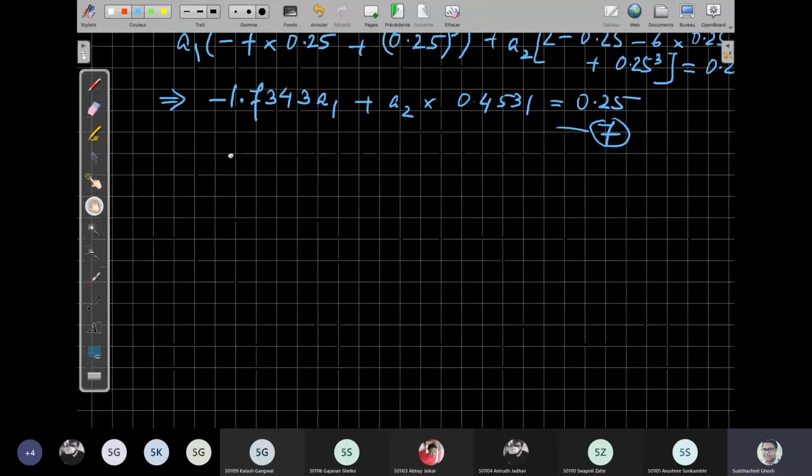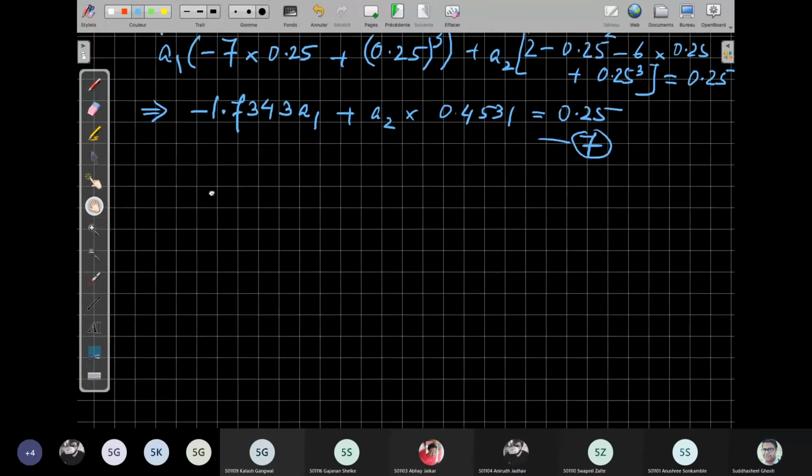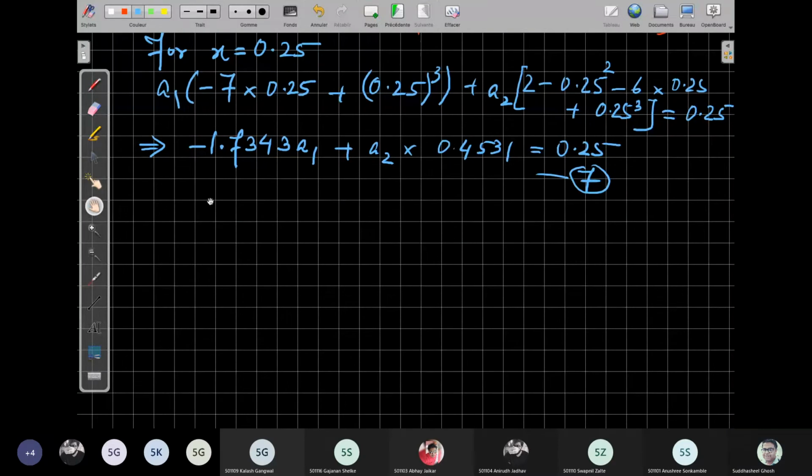Okay. So what will happen for x equal to 0.5?